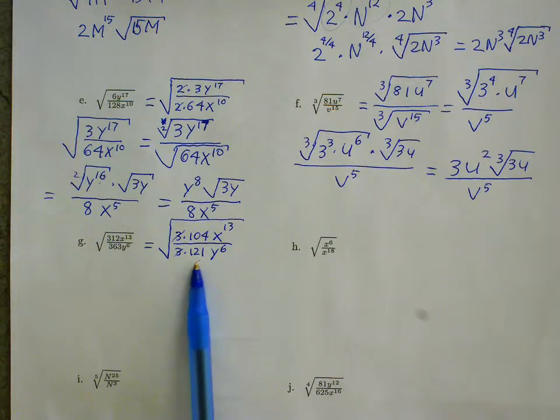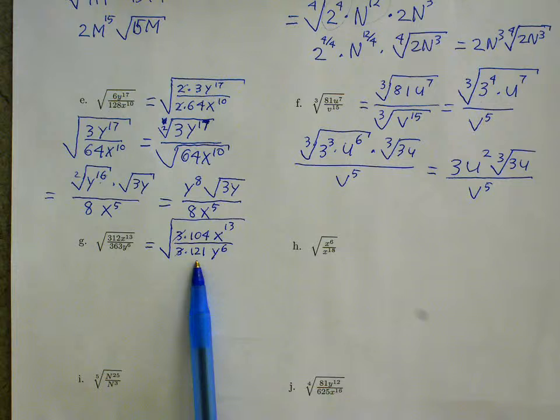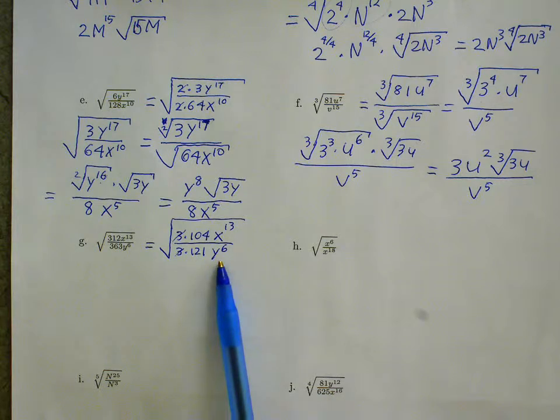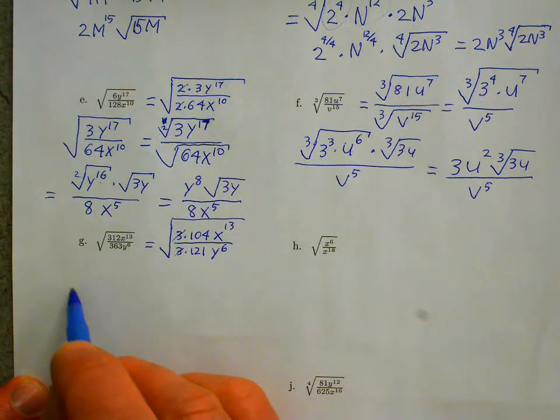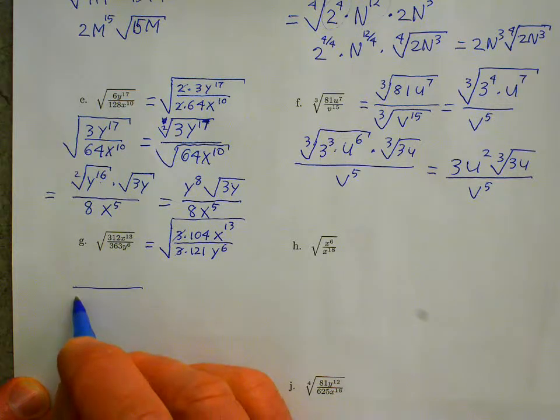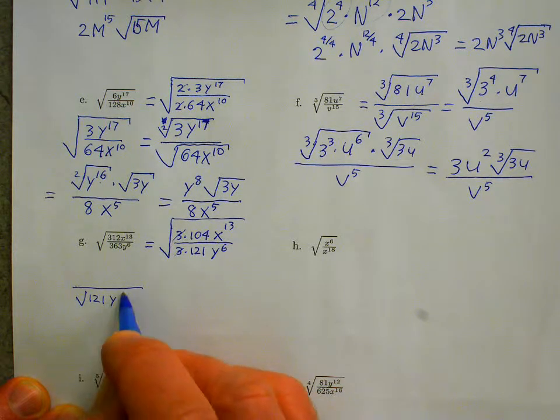In the denominator, 121 is a perfect square. 11 to the 2nd is 121. Y to the 6th is a perfect square. So the denominator works out pretty nicely for us. So let's write the denominator as the square root of 121y to the 6th for now.